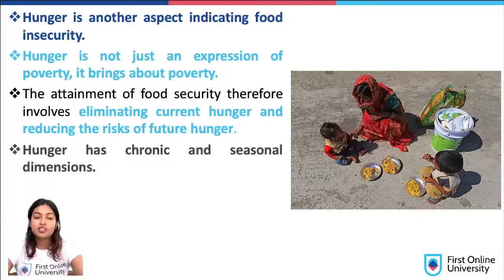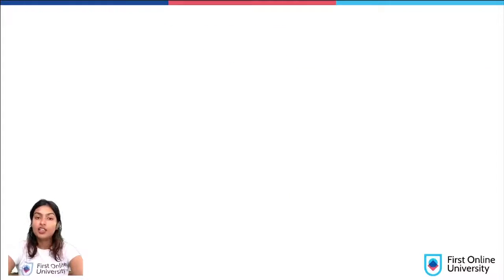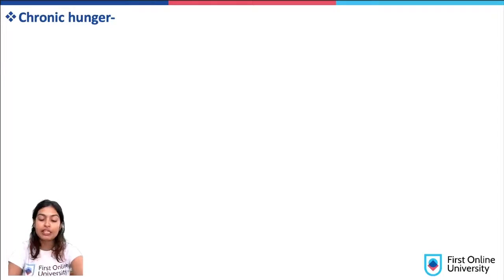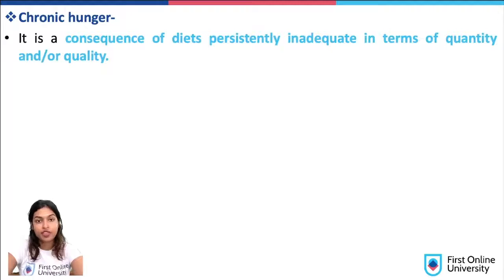And hunger is divided into two dimensions, the first being chronic hunger and the second being seasonal hunger. Let's go on with chronic hunger. Chronic in basic terms means for a longer period of time, for an extended period, and not for a shorter time, right?